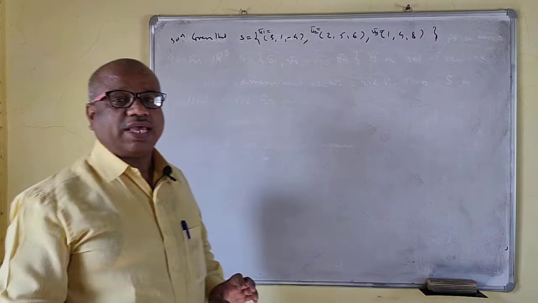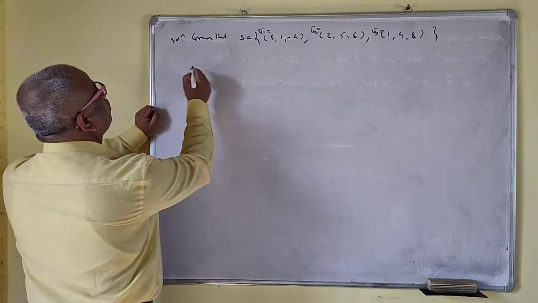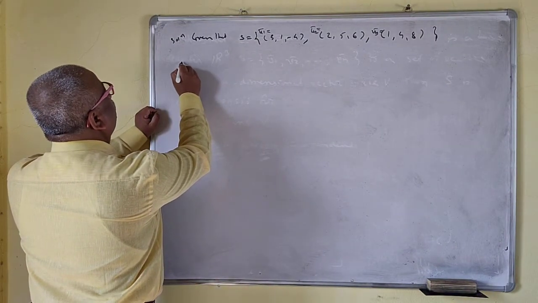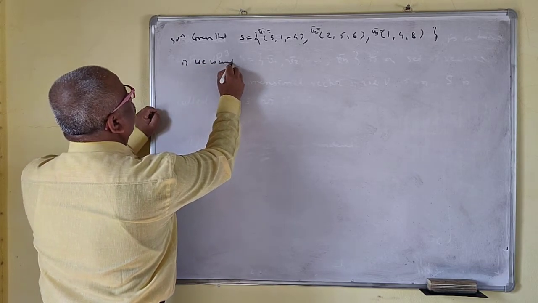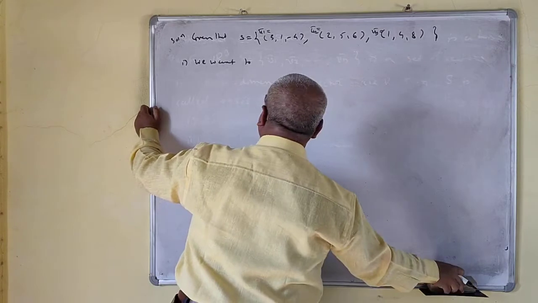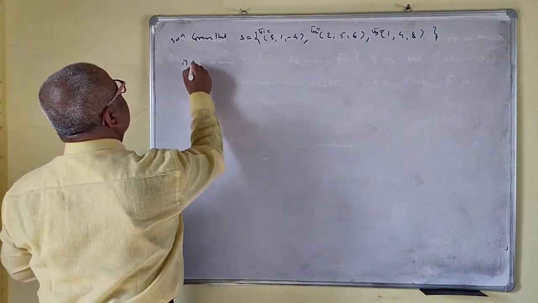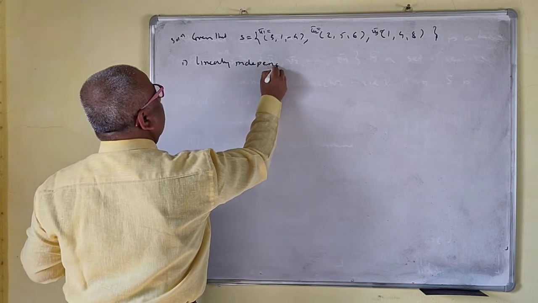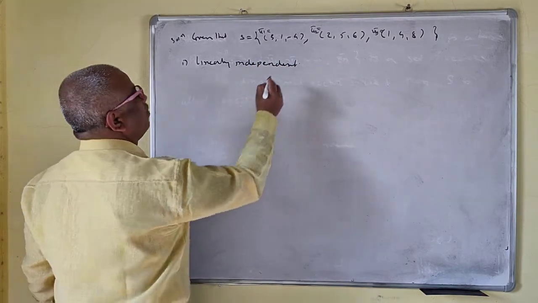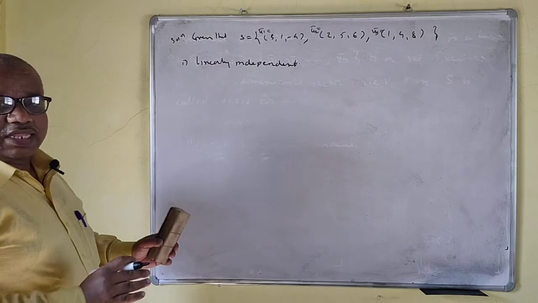First I will prove S is linearly independent. We'll check for linear independence. These are the vectors in R3.